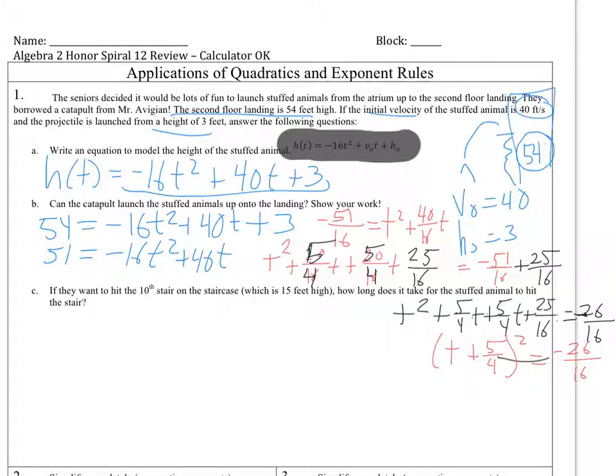And then when I go to take the square root, I end up getting t plus 5/4, this is really messy today, is equal to the square root of negative 26 over 16. That's an imaginary number. So that would be square root of 26 over 4i.